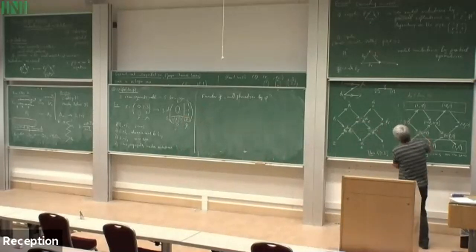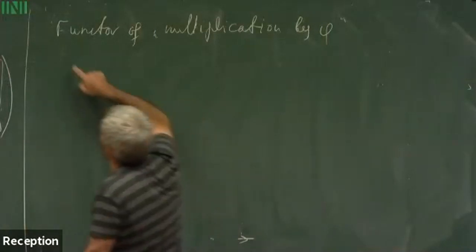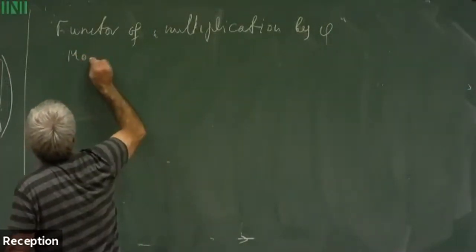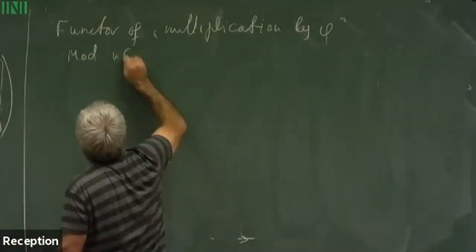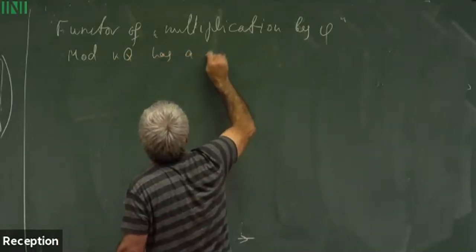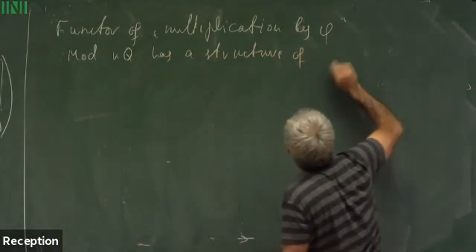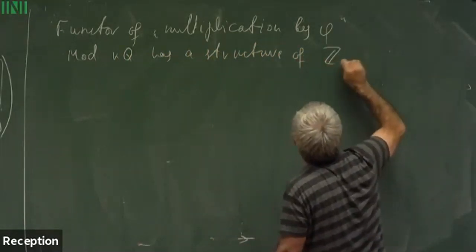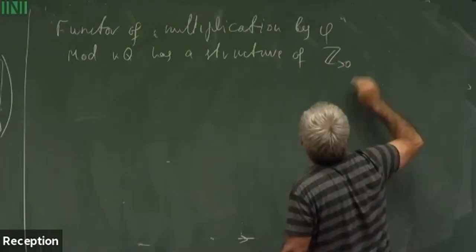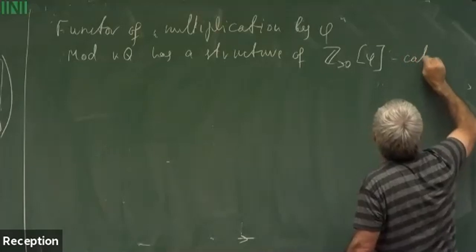Okay, and this can be extended to morphisms. So the module category has a structure of a Z greater than 0 phi category.